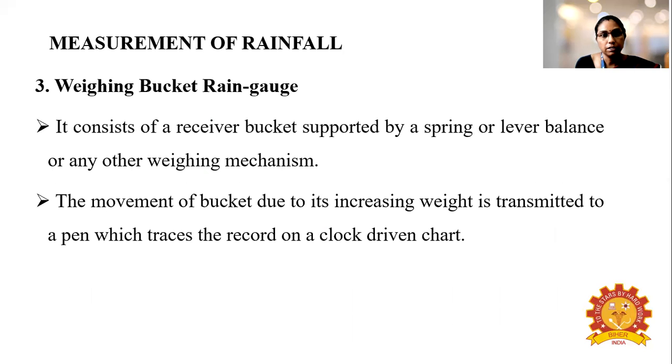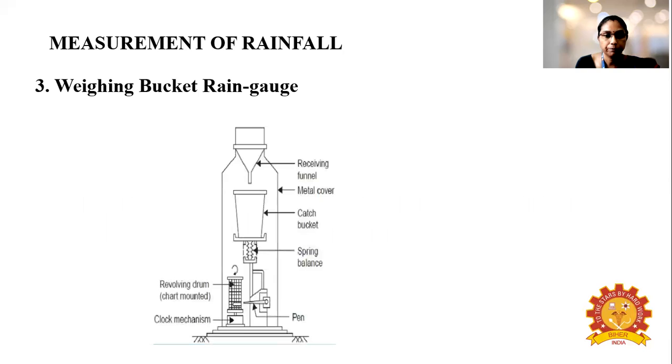Then we can see the next type of rain gauge, that is the weighing bucket rain gauge. This weighing bucket rain gauge consists of a receiver bucket. This bucket is supported by a spring or lever balance that you can see in the diagram.